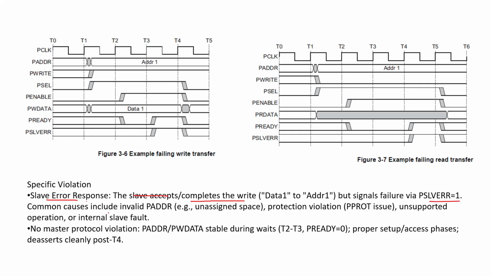The common cause is that you are giving an invalid address. That means you are giving some PADDR, address 1, like 4'b1010, a 4-bit binary address. But you are getting the data from PADDR like 4'b1011.